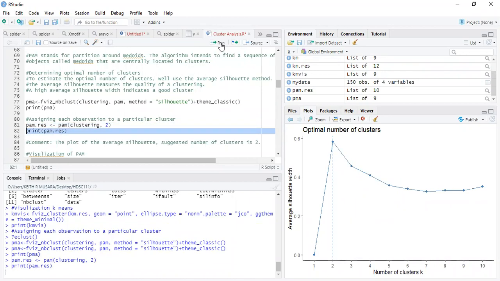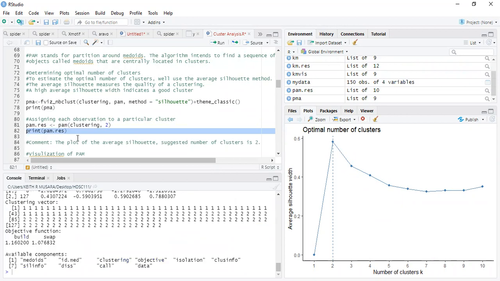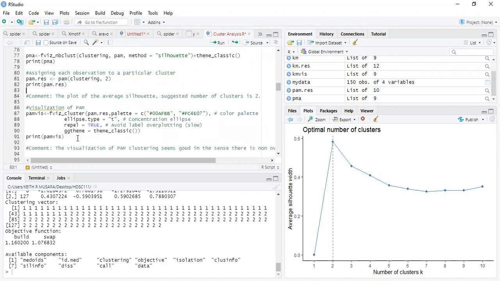We've assigned observations to each particular cluster. Then we come up with the plot. You would have to read about these palette functions for coloring. You may realize that your data sets require more than 2 clusters, so you need to find different types of coloring.